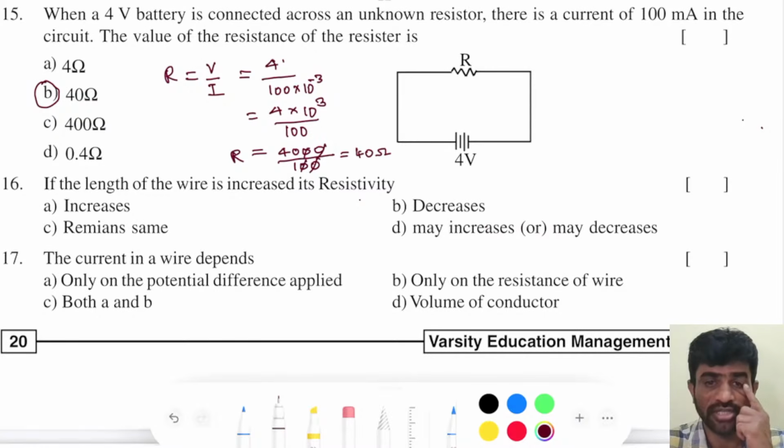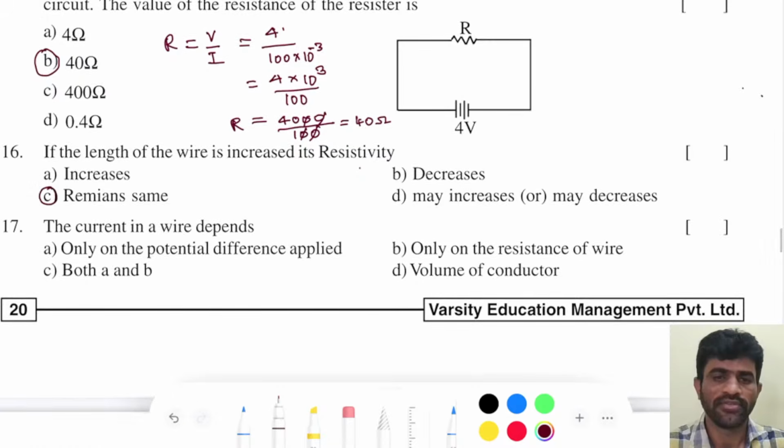When dimensions are changed, resistivity does not change. Resistivity depends only on the nature of the material and the temperature. Now here length is increased, so resistivity remains the same. So option C is correct. Resistivity does not depend on length.